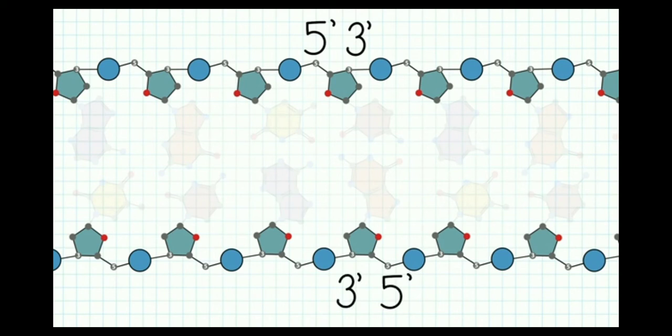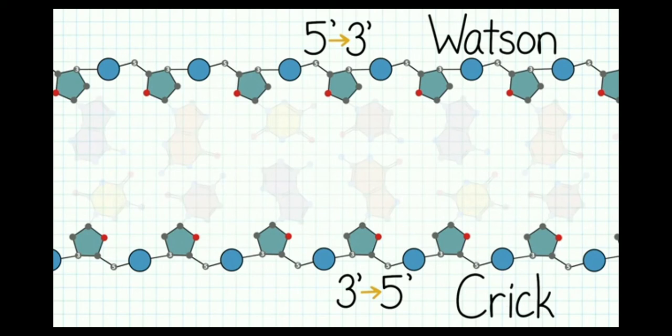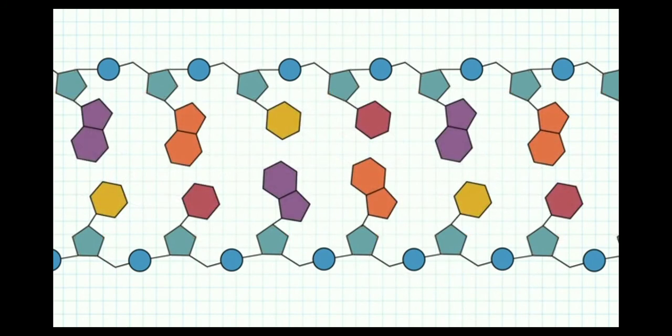This orientation is based on the binding of the phosphate with the carbon of the sugar. The strands are anti-parallel to each other because their orientation is opposite. This has been proposed by Watson and Crick.